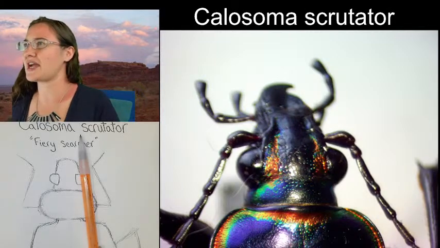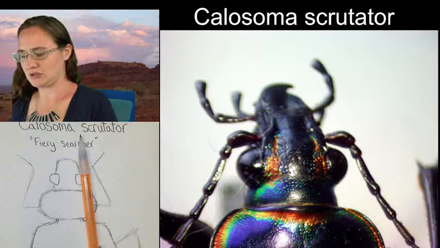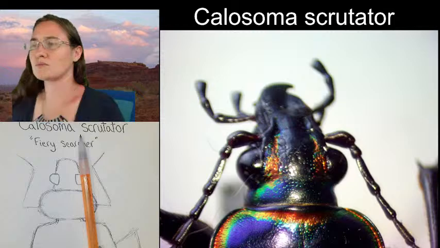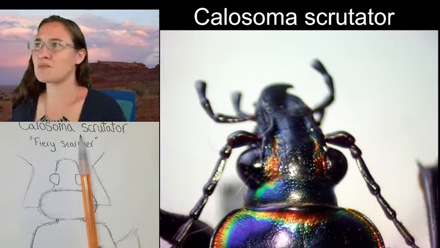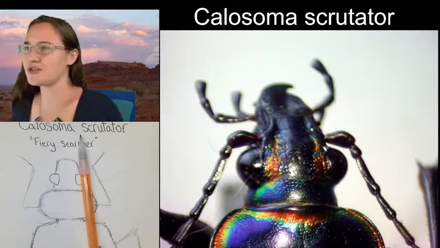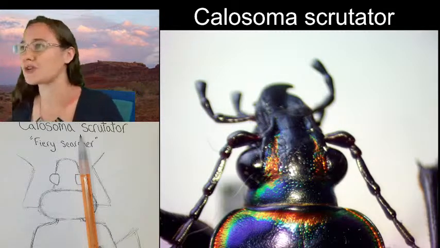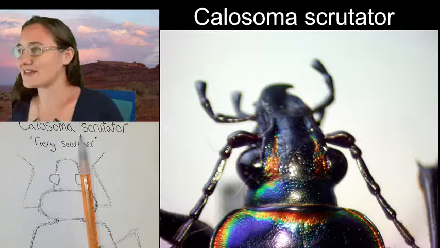Let me go check on its distribution. A lot of times I'm going to use a mixture of BugGuide and iNaturalist to determine distributions, because with these types of insects, they get photographed so regularly that it's likely they're in these databases.